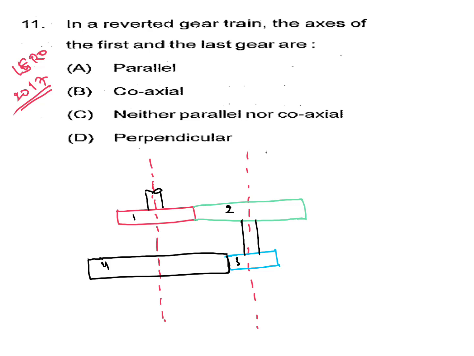So in reverted gear train, the axes of first and last gears are coaxial. B is our answer. And for the parallel case, spur gear: 2 spur gears, if they are connected, gear 1 and gear 2, their axes are parallel.